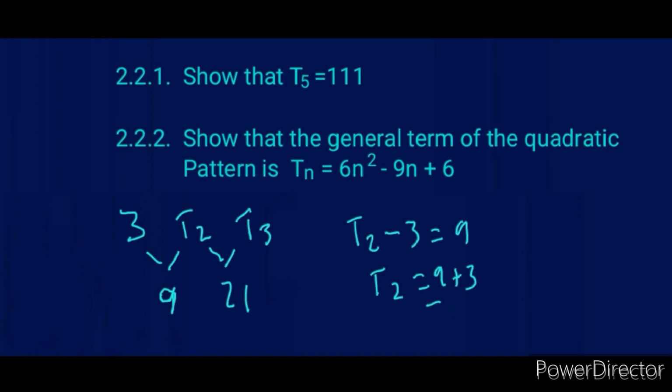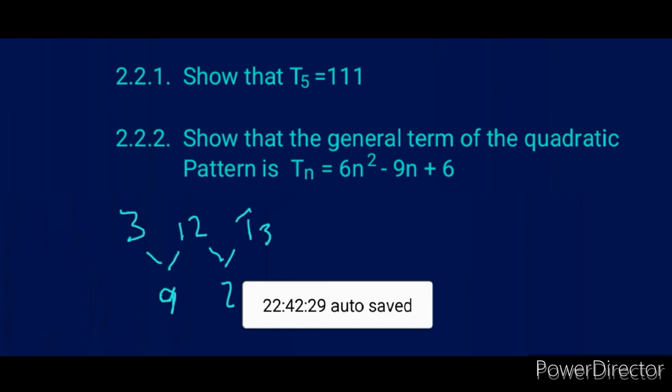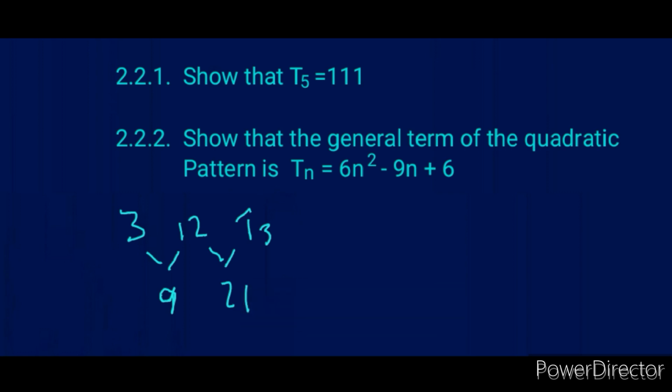So T2 is 12. So from there, let's just replace it first of all. So this is going to be 12. So now let's get the value of T3. They told you that T3 minus T2 is 21.